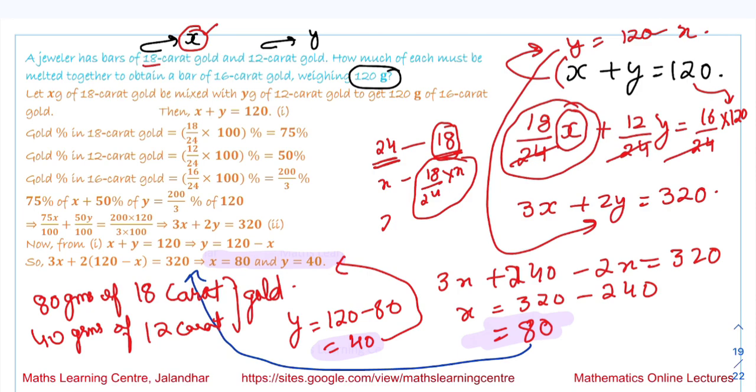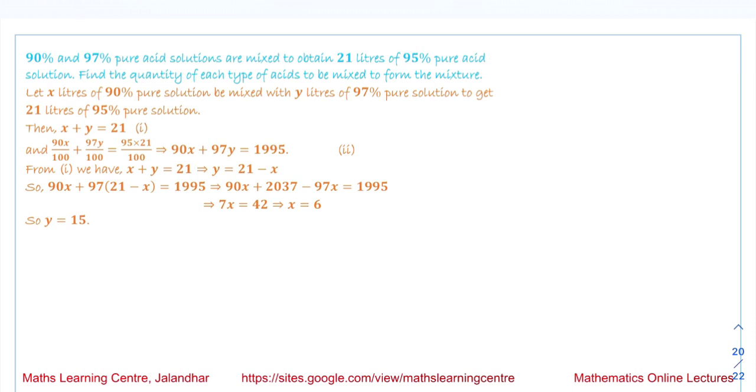Next is, 90% and 97% pure acid solutions are mixed to obtain 21 liters of 95% acid solution, and we have to find the quantity of each type of acid mixed. So suppose x liters and y liters are mixed. First thing we have is x plus y is equal to 21.